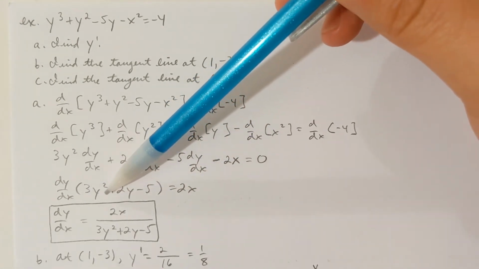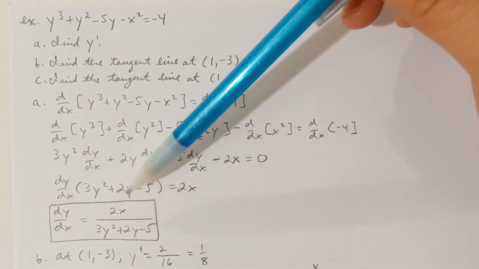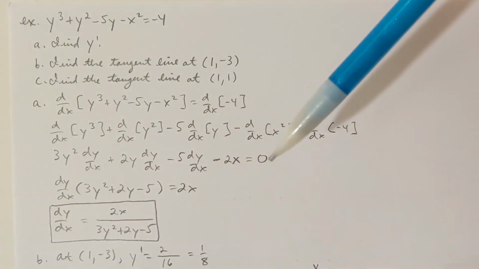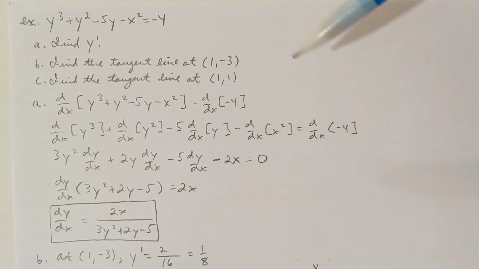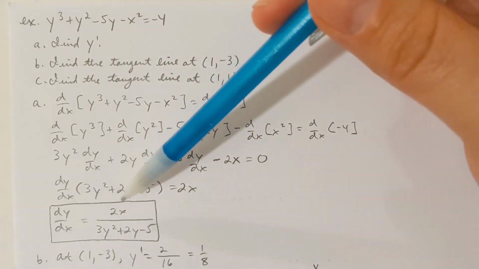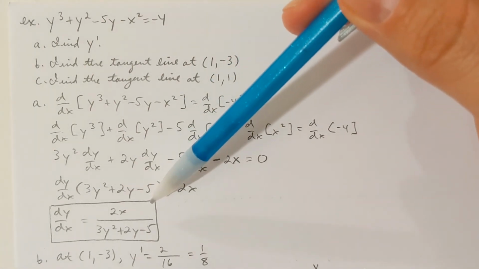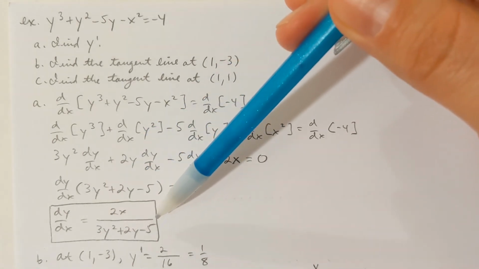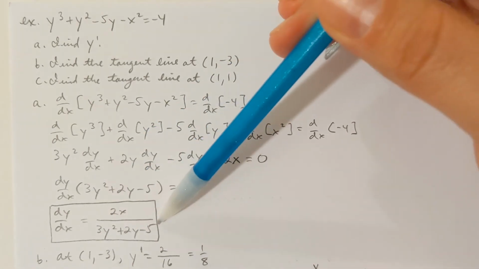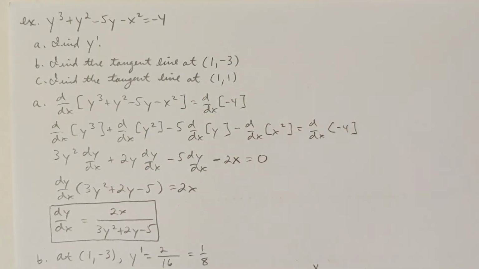Okay, so here would be the general formula then for dy dx. Now, part B, and by the way, it's going to be very common that you would get a formula in terms of both x and y, okay, using this particular method for differentiation, okay.